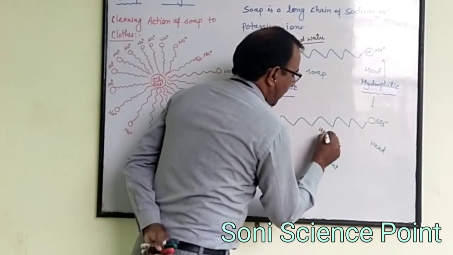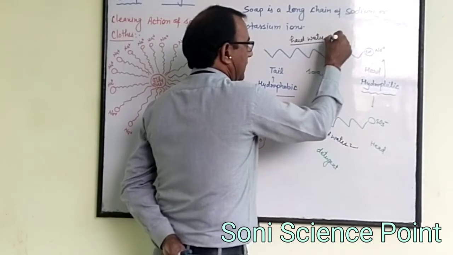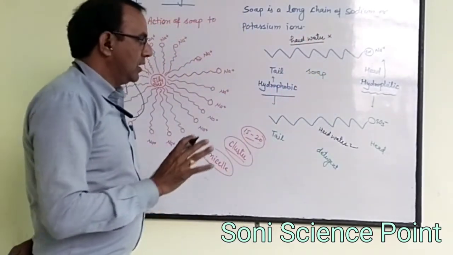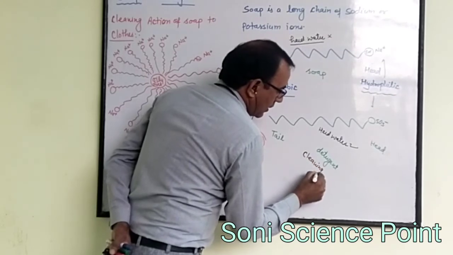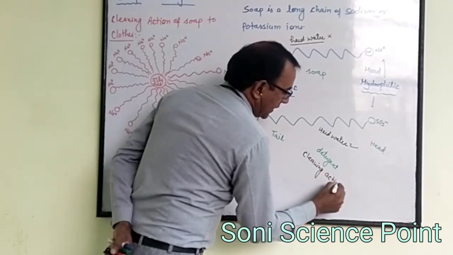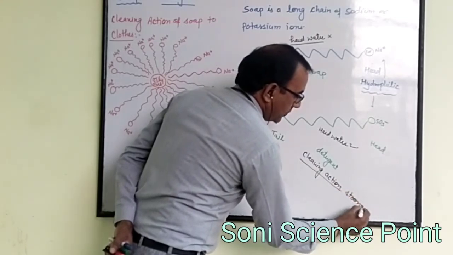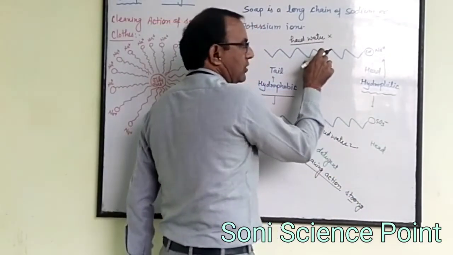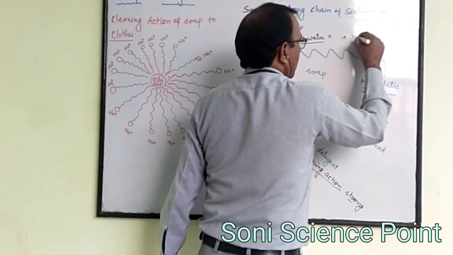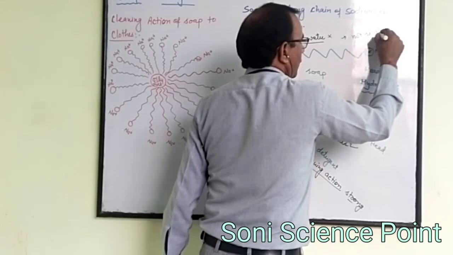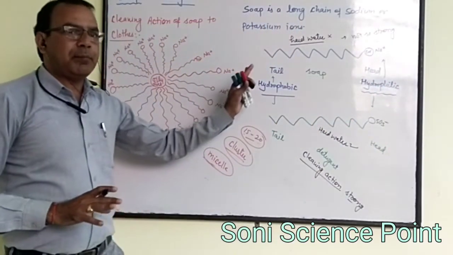It reacts with hard water, whereas soap doesn't. This is the second major difference. Third, the cleaning action of detergent is strong on cloth, but the cleaning action of soap is not so strong as detergent. This is the major difference.